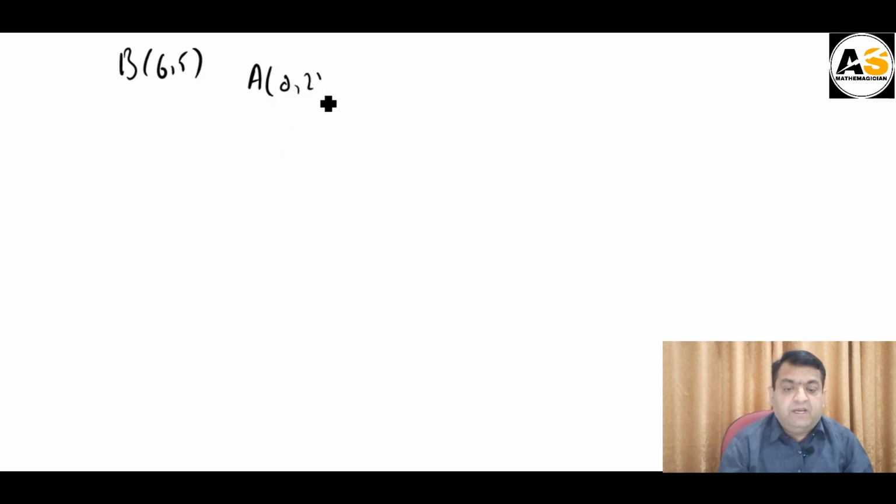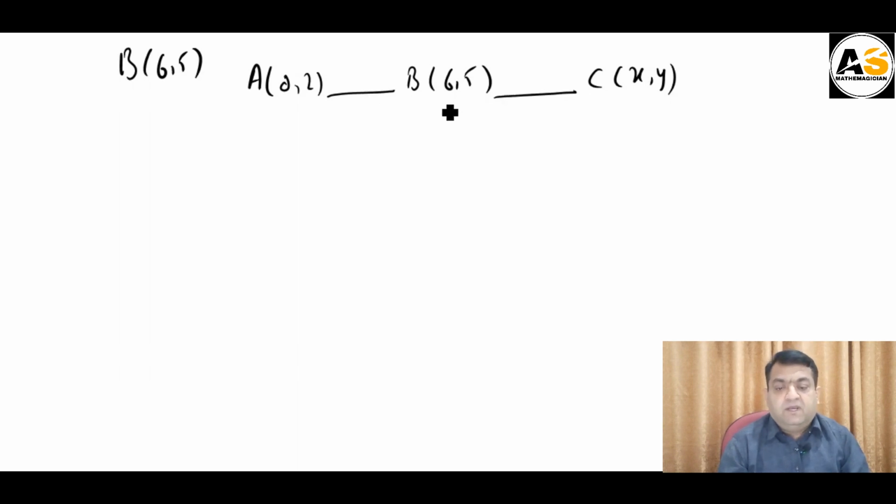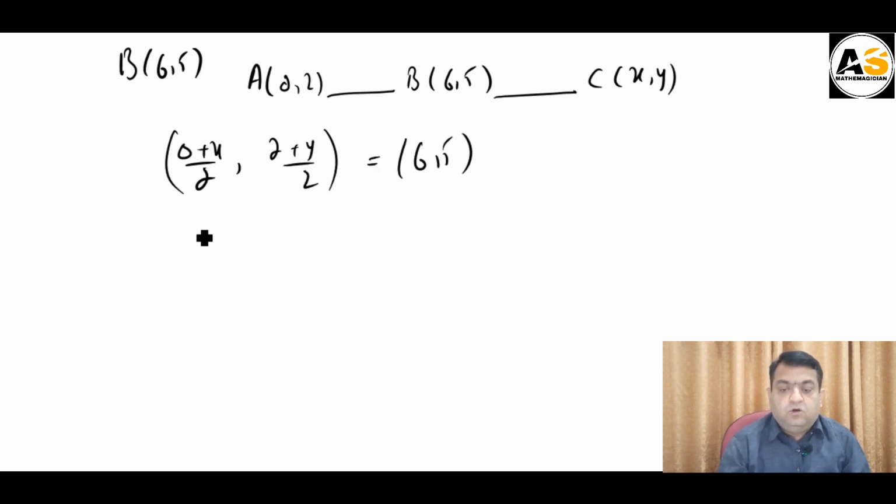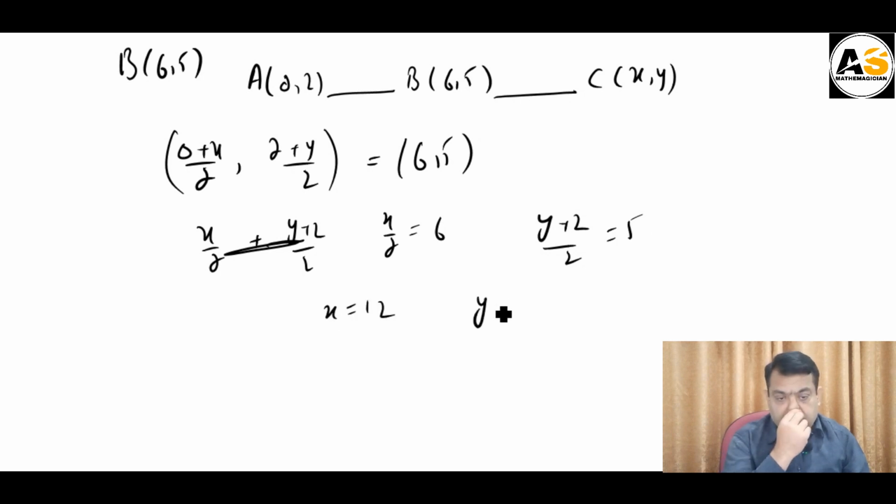and coordinates of B are 6, 5, and coordinates of C are x, y. It is given that AB distance is equal to BC distance, that is B is the midpoint of A and C. So I can write 0 plus x over 2 and 2 plus y over 2 is equal to 6, 5. x over 2 is equal to 6, y plus 2 over 2 is equal to 5, x is equal to 12, y is equal to 8.